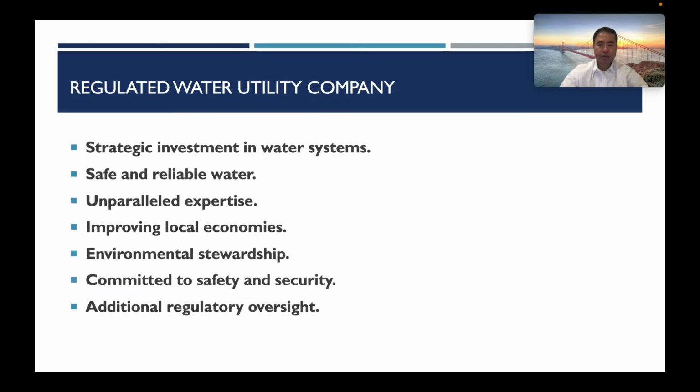By doing so, we can also reduce unnecessary work and competition, so that you can improve the local economy and save money. This is also very related to the environment, and for the environment the government has to be involved. And also the safety and security of the water, right? For everyone.